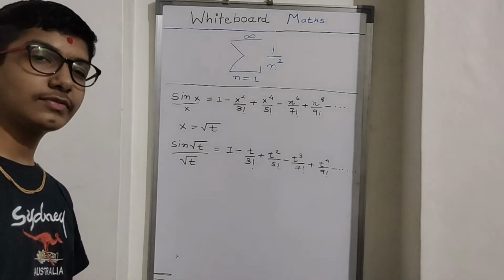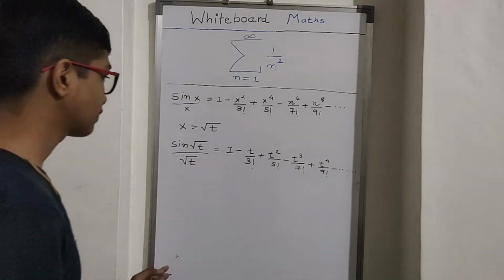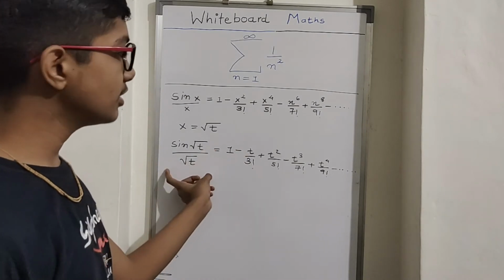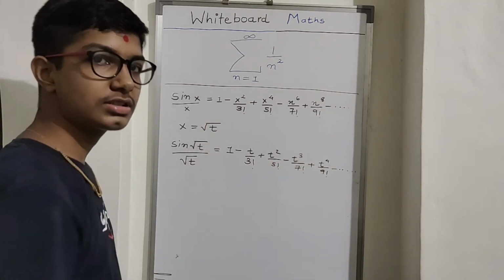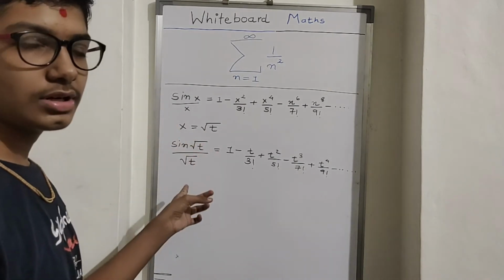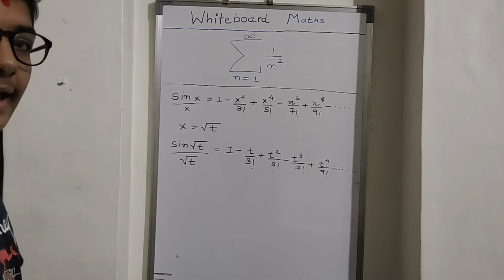Now we are going to investigate what are the roots of this function. So the roots of this function will also be the roots of this infinite series. So if we investigate this function, the roots of this function would be as follows.